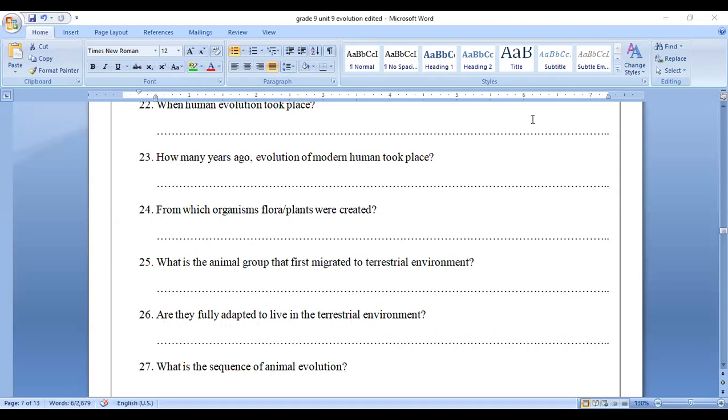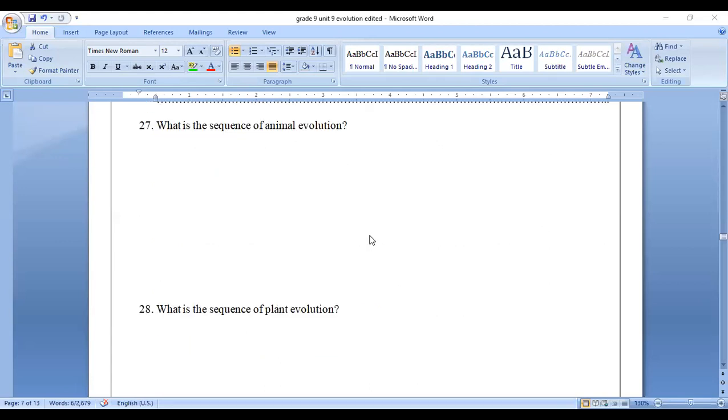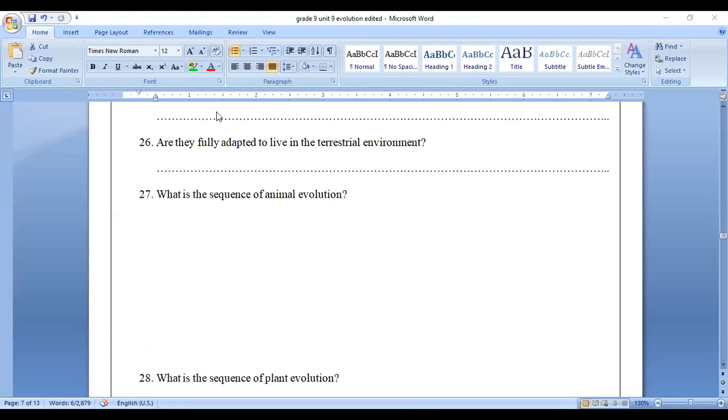So finally, you are asked to write the sequence of evolution. It's not a bigger thing. In the beginning, invertebrates were there. They were multicellular animals, cnidarians, some arthropods, some annelids.